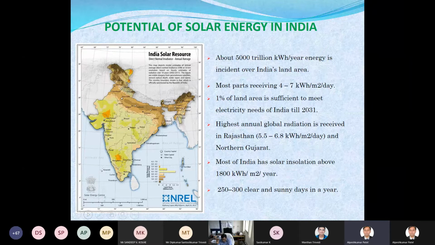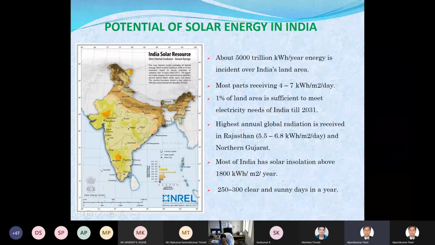If we talk about the intensity of solar radiation and how much energy we can get, it varies from 4 to 7 kilowatt hour per meter square per day. That means if you have a surface area of 1 meter square, you can tap about 4 to 7 kilowatt hour of energy in India. It varies from region to region.